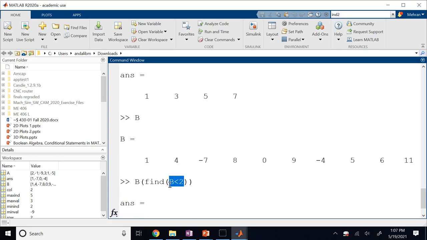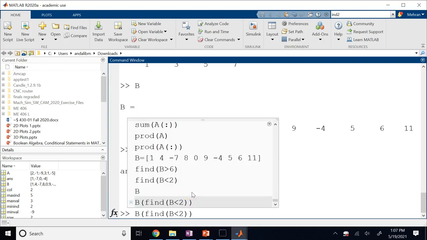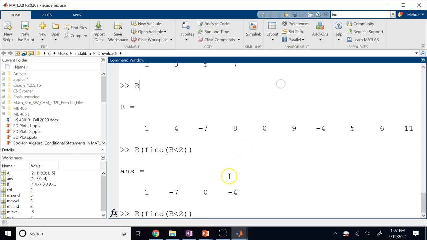We'll talk about logicals in a separate video, but let's say you want numbers that are between 2 and 5. So you say b is bigger than 2, and use logical operators, and b is less than 5, and you have to use another parentheses and another one here.